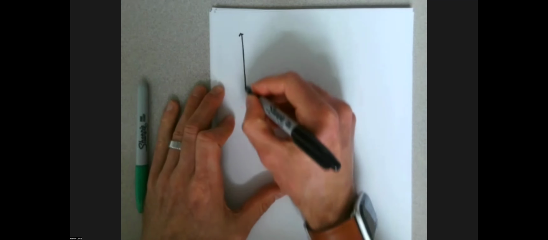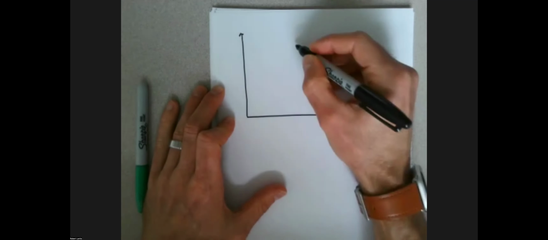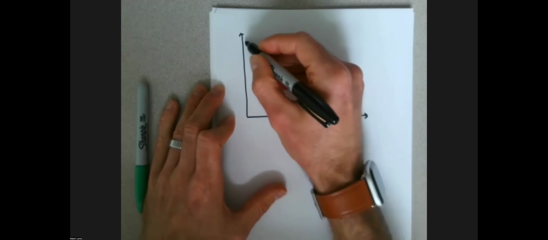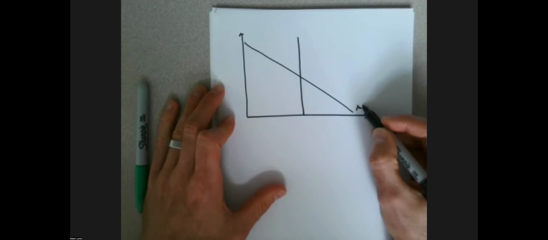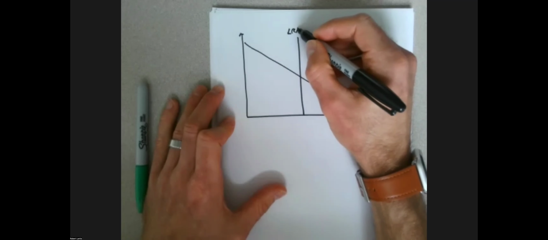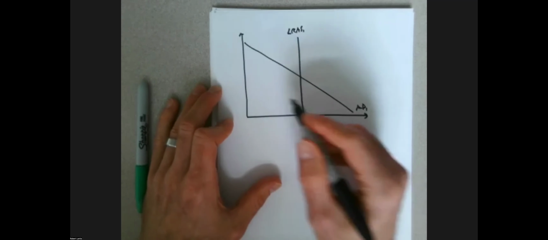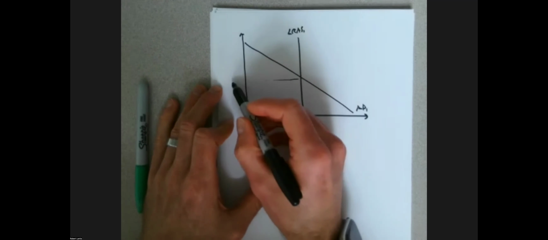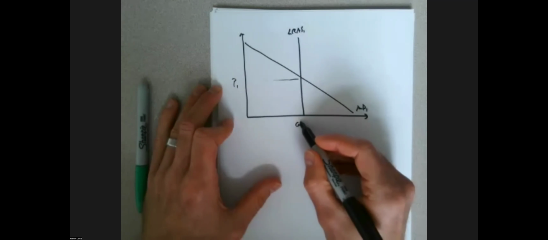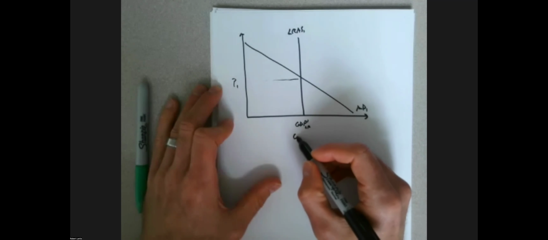Okay. So we said if we started out from a point and there's no gap, so we start out here. This was our initial GDP in both the long and the short run.